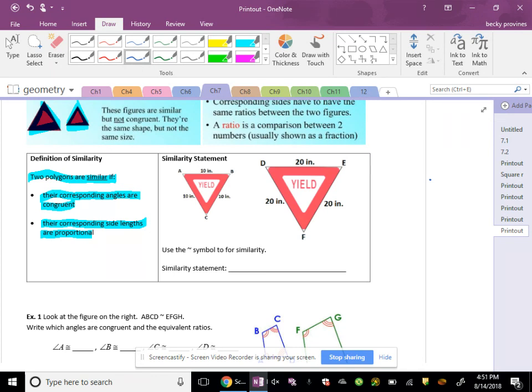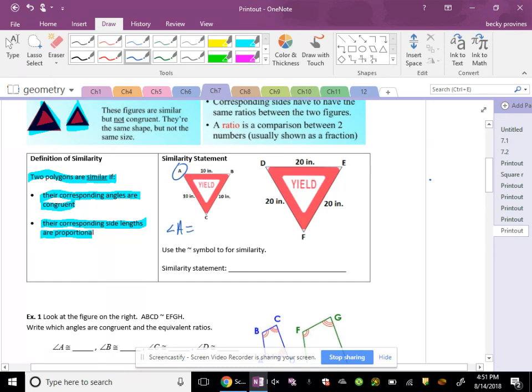When we look at the yield sign, if you notice one is bigger than the other, they're both triangles, they're both the same shape, but they are different sizes. If we list the corresponding angles, we would say the upper left-hand corner of one, let's say A, is going to be corresponding. Corresponding angles are congruent.